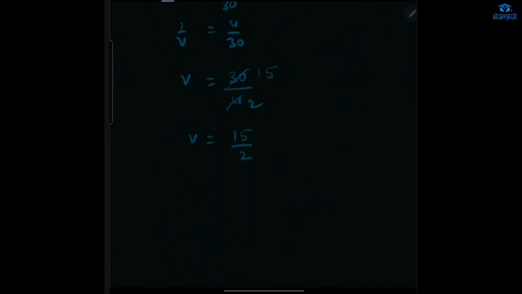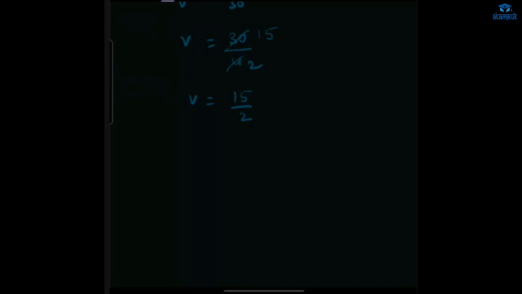See, this is positive, on the right hand side of the mirror. It means that it will be virtual. Always in a convex mirror, the image was always forming on the right hand side of the mirror.